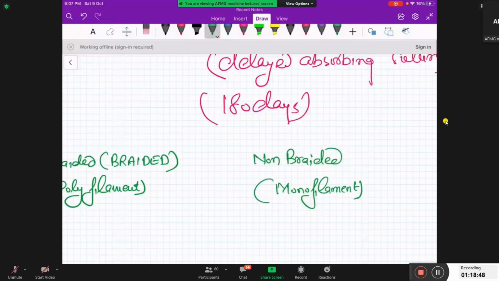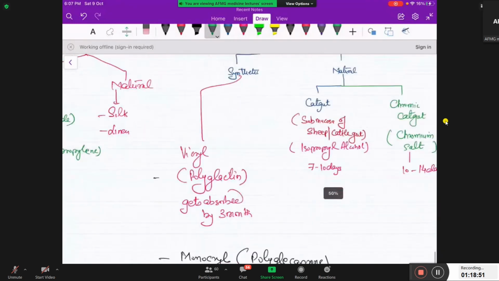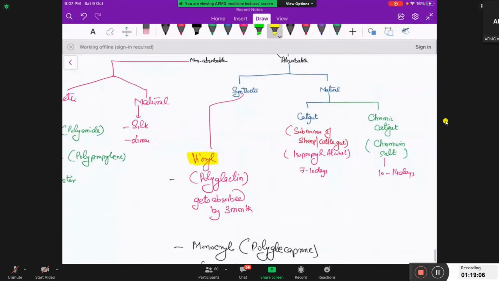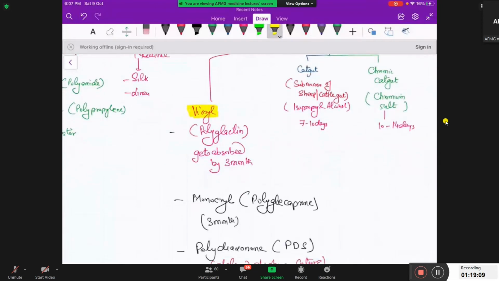Now, out of all absorbable sutures, Vicryl is the only braided polyfilament suture.